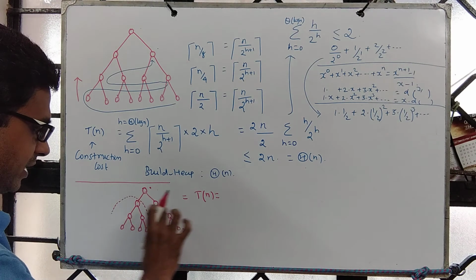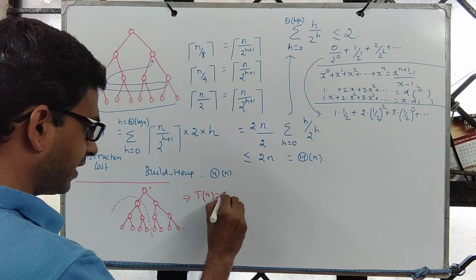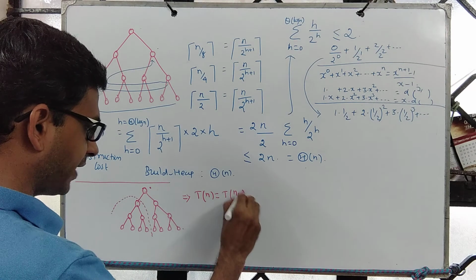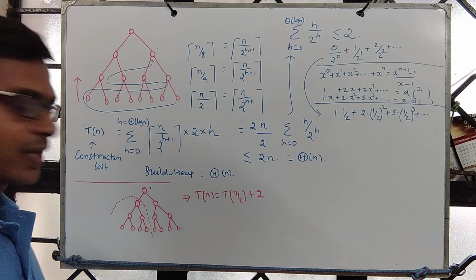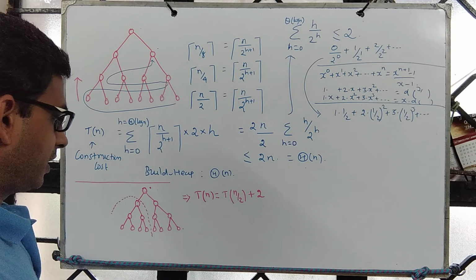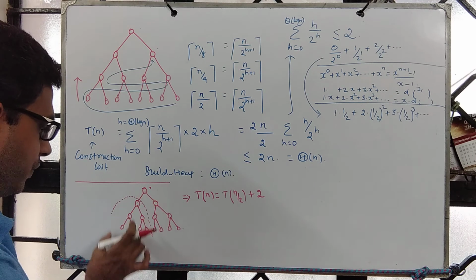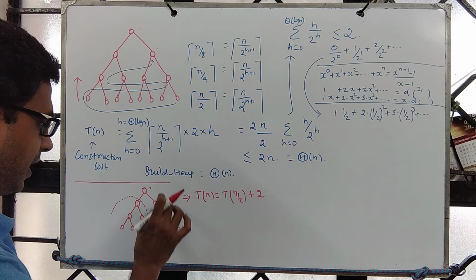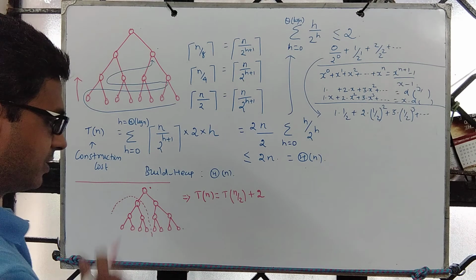This has got 7, this has got 7 plus 1, correct? So roughly it becomes T of n by 2 plus 2, correct? So when there is a violation, we get into this subtree or we get into this subtree. But the cost is this.